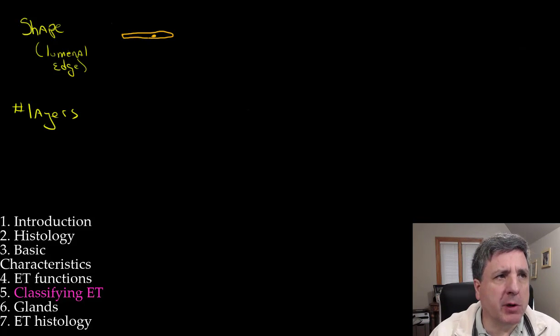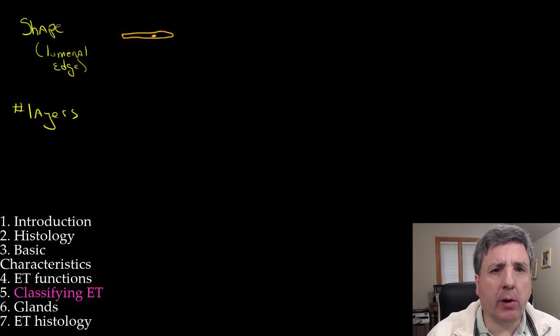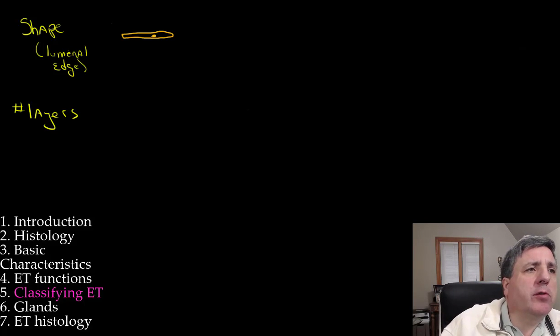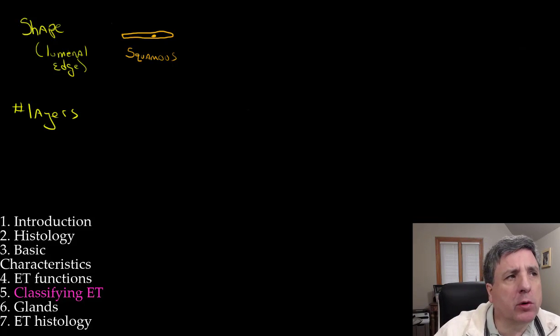So that dot in the middle, that's the nucleus, okay? So you can see that the width of this cell is very, very thin, okay? This one is called squamous, S-Q-U-A-M-O-U-S. So it's squamous, or think of squished. So it's a very, very thin cell that we're looking at.